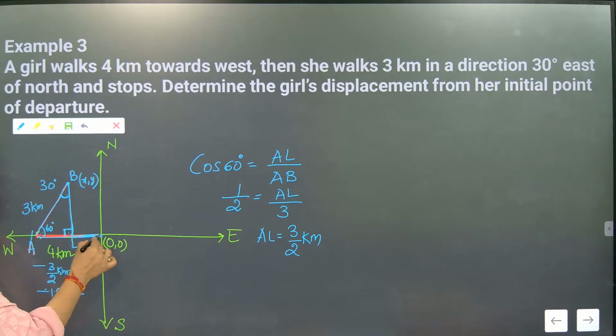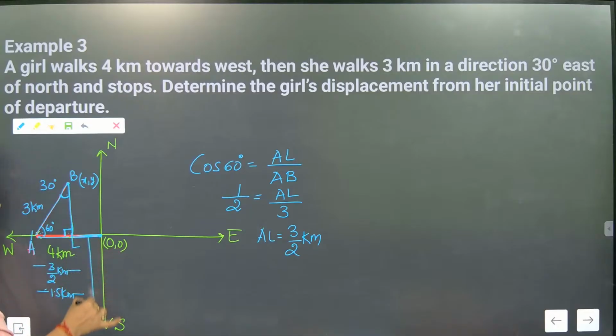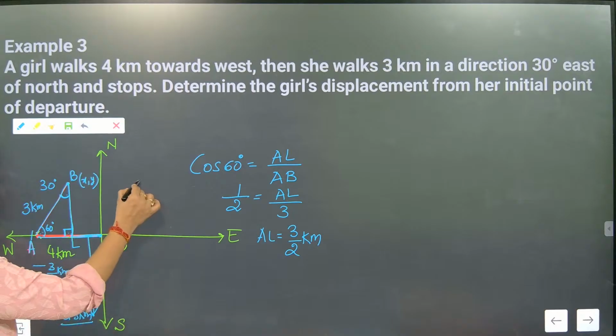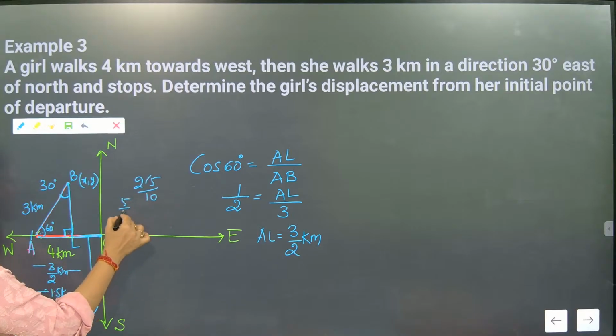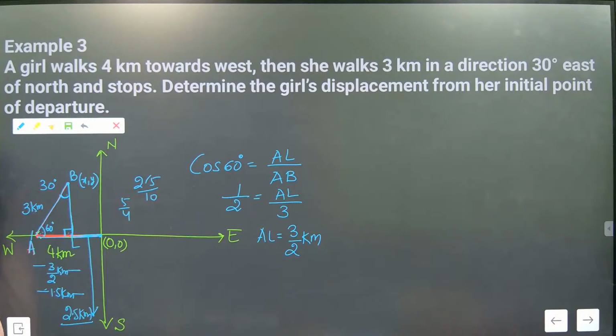Then what is the remaining LO? If the total distance is 4 kilometers and this is 1.5, then the remaining LO is 2.5 kilometers. Done? 2.5 kilometers means 4 by 5 or 5 by 4? So 5 by 4... think nicely and then send.